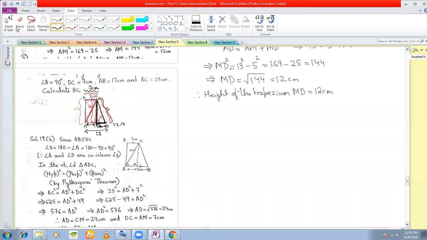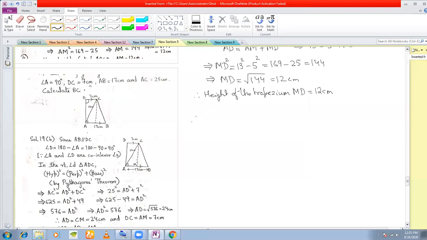Okay, so this is how we'll proceed. So let's see what happens. If you haven't understood a little bit, when I write, try to follow it. So first of all, this is the right angle triangle.